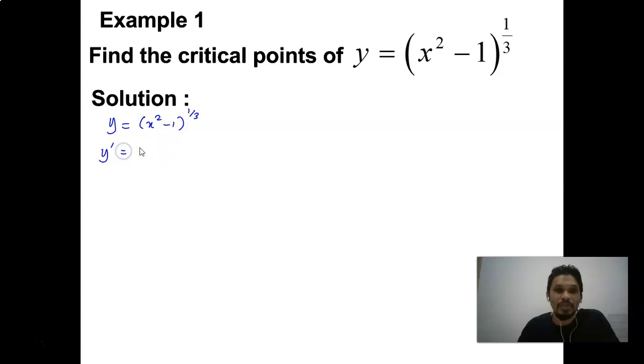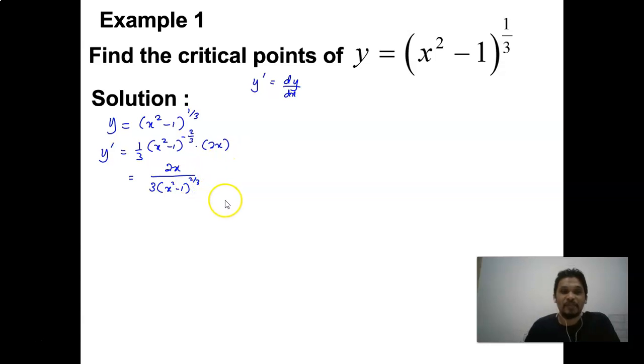Then y prime, or dy/dx, which represents the same thing, equals 1 over 3 (x squared minus 1) to the power of 1 over 3 minus 1, which comes to negative 2 over 3, and differentiate x squared minus 1 to get 2x. So y prime equals 2x divided by 3(x squared minus 1) to the power of 2 over 3.